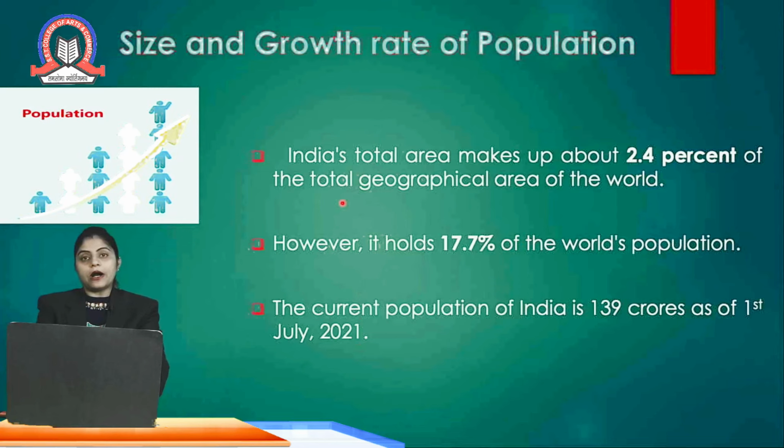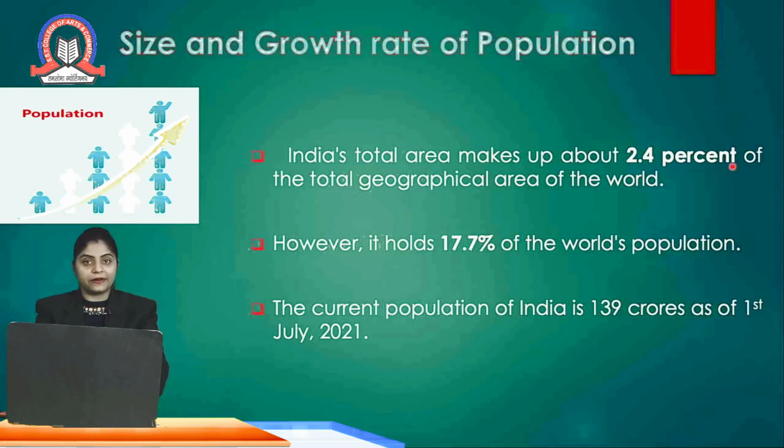If I talk about our economy, that is the Indian economy, it has just 2.4% of the land area in the entire world, and our country contributes 17.7% of the world's population. So land area is just 2.4%, but population is 17.7%. So we have a very small amount of land area.